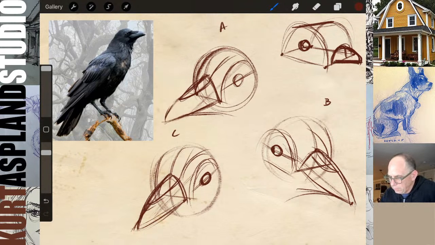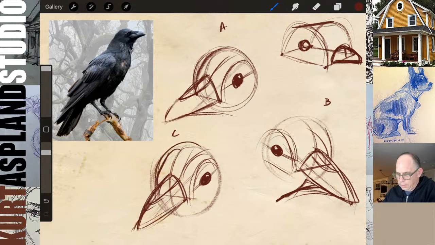And we're going to add a little dark area here, the eyeball. We'll put those little highlights toward the top. I think this is more back here a little bit. Yeah, then we're going to come down.